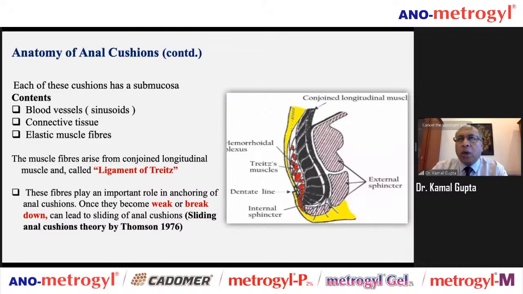Now, if we talk about the classification of hemorrhoids, that is based on the prolapsing theory. When we talk about grade 2 to grade 4 hemorrhoids, they are all based on the anal cushion sliding theory. So that is the reason the anal cushions form the basis of hemorrhoids.